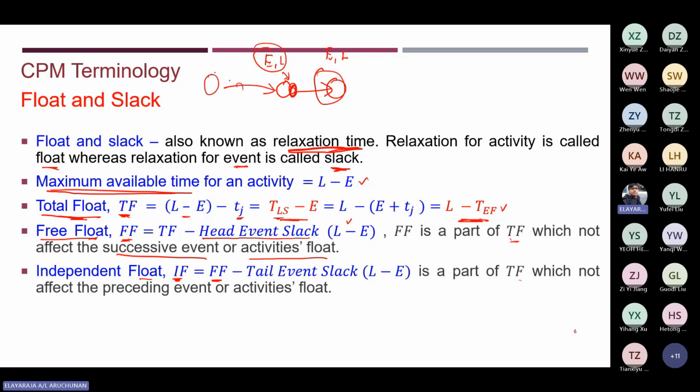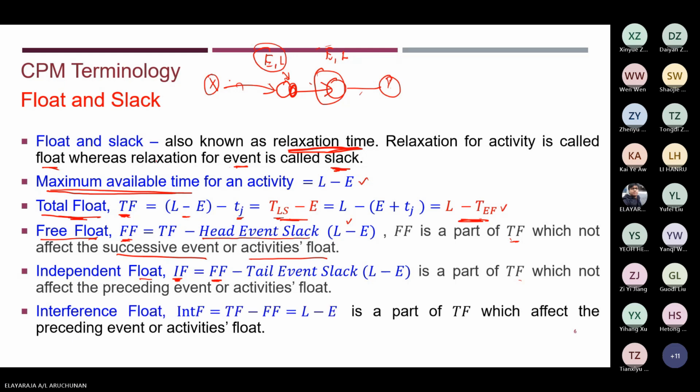Again, whatever free float is obtained will not affect the successive event. Say you have another activity here, a successive event: whatever float is obtained here, the free float, will not affect the successive events. This is how you need to identify it.